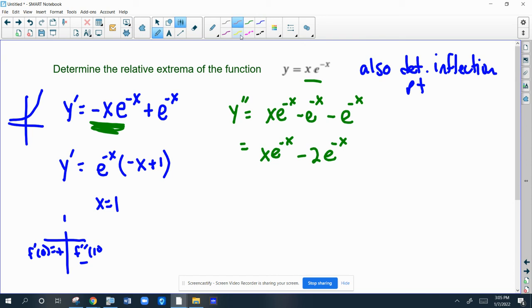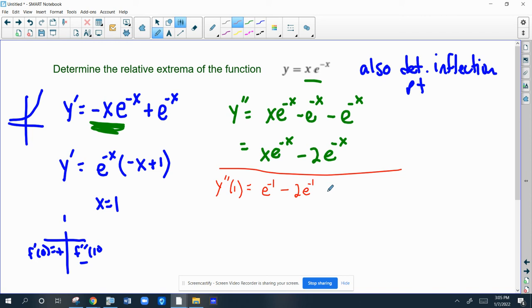Probably would have been easier, since we had the second derivative, to use the second derivative test to find a min or max. Just as a quick review, the second derivative test: if you plug in this critical number, x equals 1, you get e to the negative 1, which is positive, minus 2e to the negative 1.